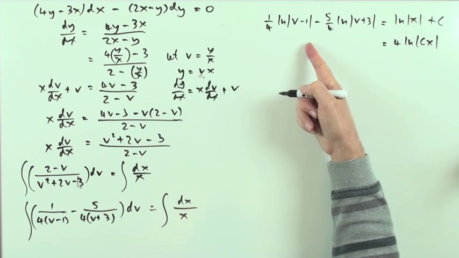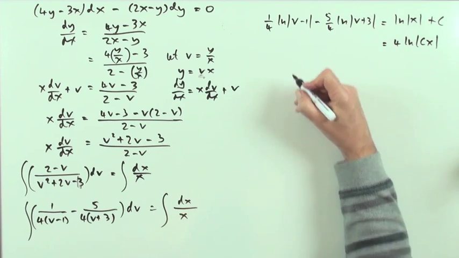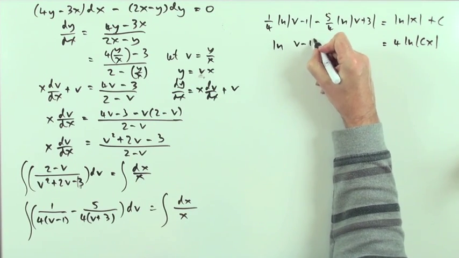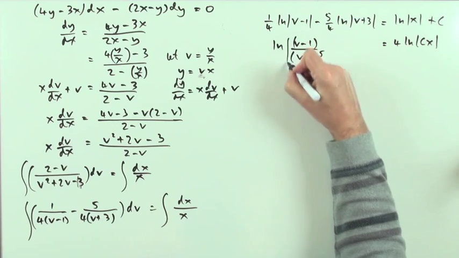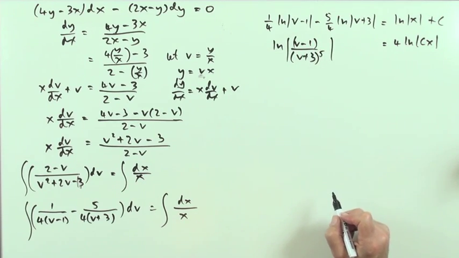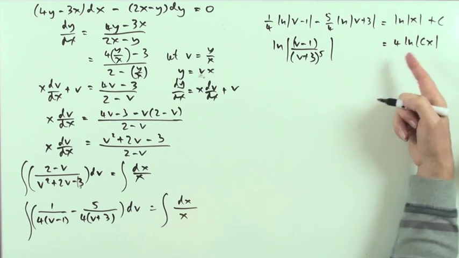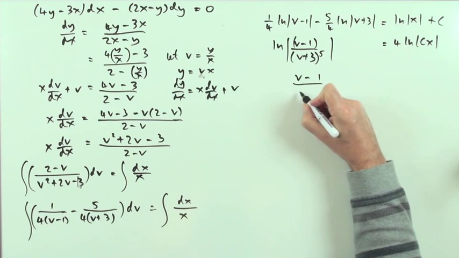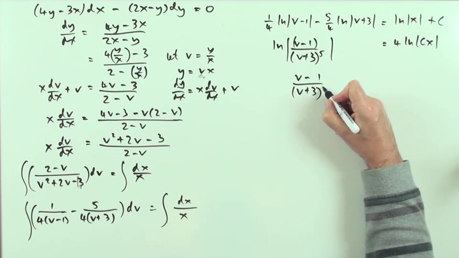And that part then, subtracting these logs will be a division, but I need to pop that inside as a power 5. ln of v minus 1 over v plus 3 to the power 5 is equal to that. I should have popped that 4 up there at the same time. So I'll pop that 4 up there and then remove those logs. So I've got v minus 1 over v plus 3 to the power 5.